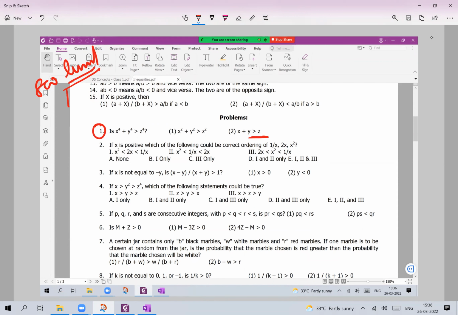But this is one of the best questions to understand how you approach a data sufficiency problem. So I'll explain it very properly, but take a break of 4-5 minutes and do this question. Not 2 minutes, you can take 4. Think whatever you can.